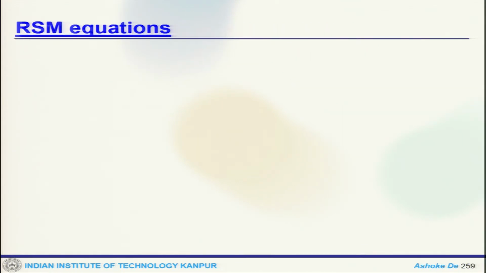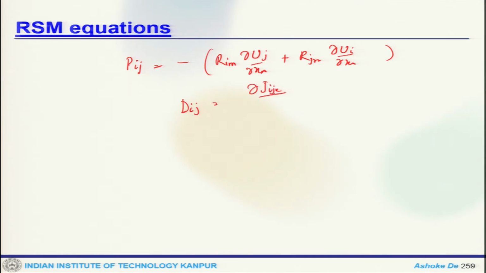So, your production is quite exact, as we said, which one can write that Rjm by del xm, and the diffusive transport is also Cijk by del xk. Cijk is nothing but ui prime uj prime uk prime plus p prime delta jk ui prime plus delta ik uj prime.